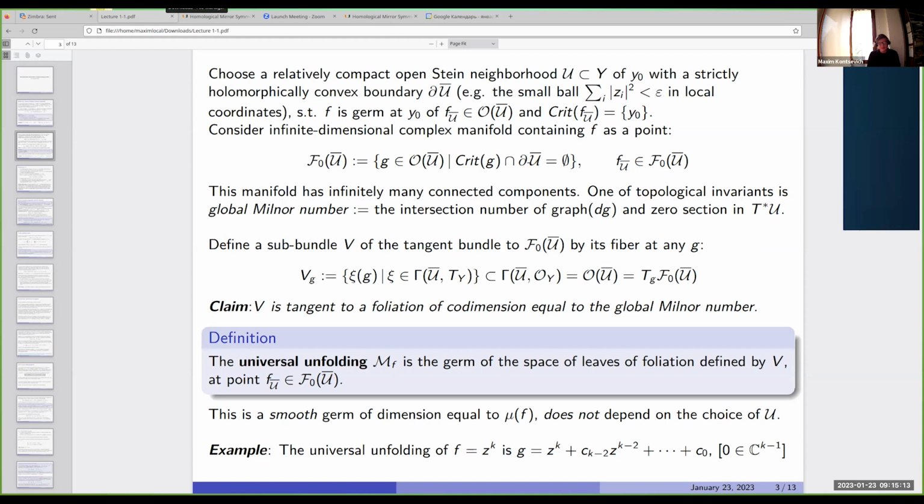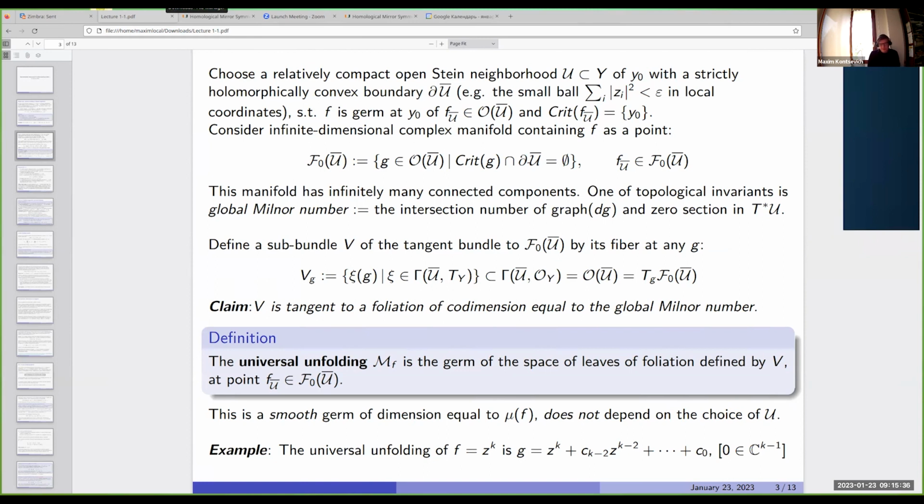And even though the situation is infinite dimensional, it's pretty obvious that one can define locally for each point a germ of the space of leaves, which will be a germ of a finite dimensional manifold. So this universal unfolding is a germ of the space of leaves of the foliation at the point represented by our function.